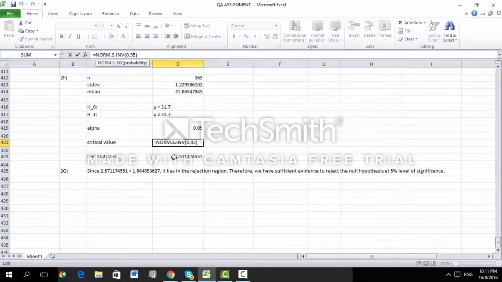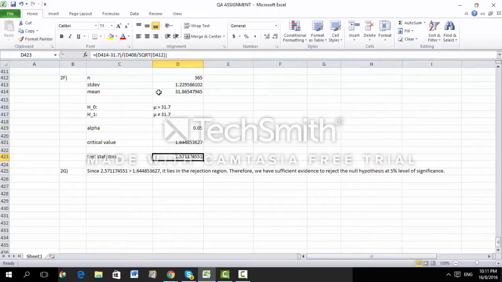Then for step 3, test statistics, I just applied the formula for z star, which is x bar minus mu naught over standard deviation divided by square root of the sample size, which is n. So I just plug in the values to get my answer here.